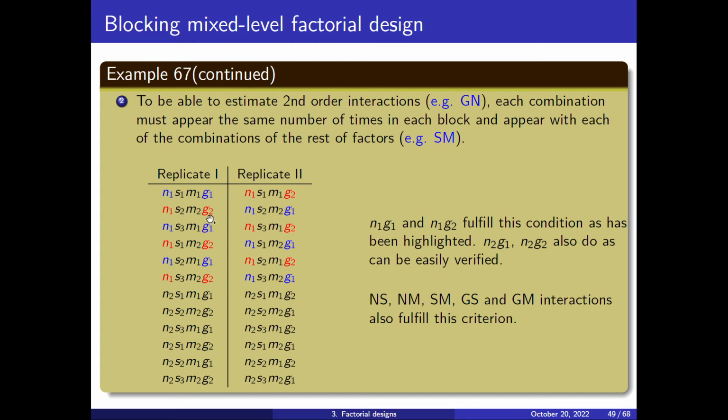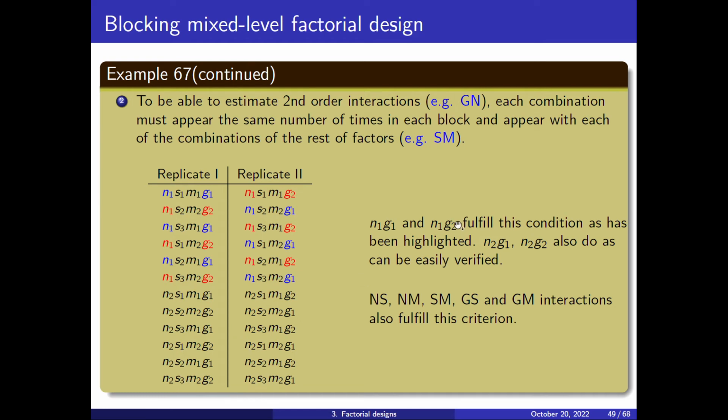And so for instance, N1G1 appears 3 times in the first block and 3 times in the second block. N1G2 appears 3 times in the first block and 3 times in the second block. And the same happens with the other combinations, but we are not highlighting them.